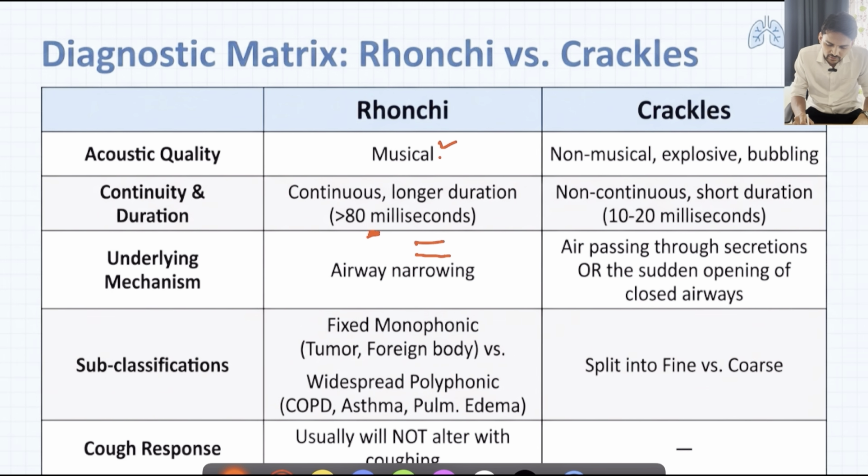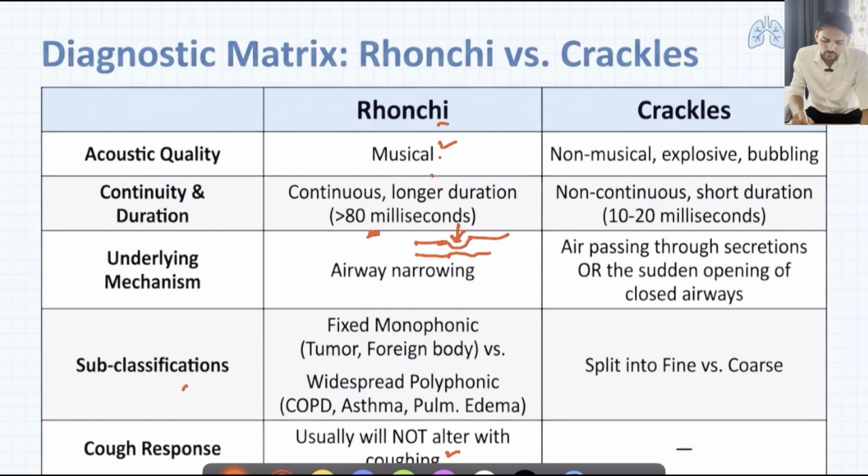So these airways will be narrowed at some point, where the passage of air at this narrow space is creating a sound that is called rhonchi, and it is musical in quality. And we know that this airway narrowing will not be altered upon coughing. So these sounds, rhonchi, usually will not alter with coughing.